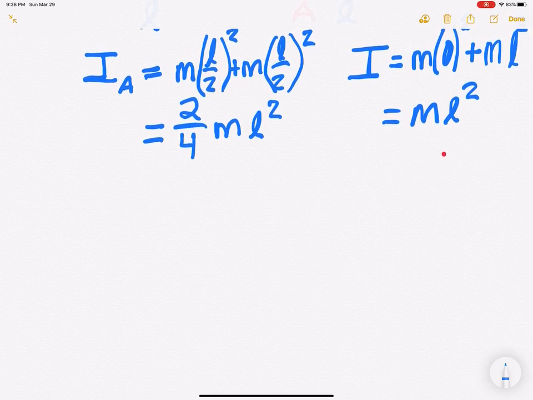So, while the left one is greater than the right one, the implication here is this is easier to spin because it has the lower moment of inertia.